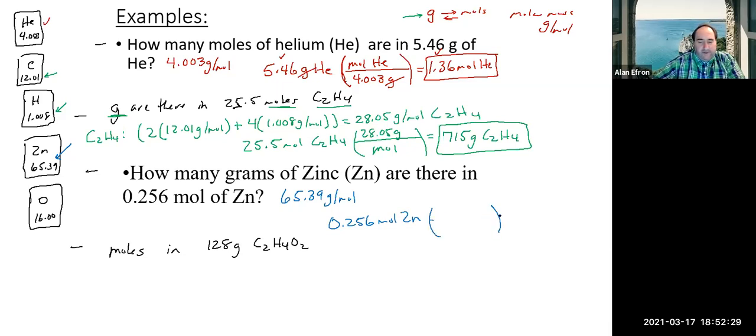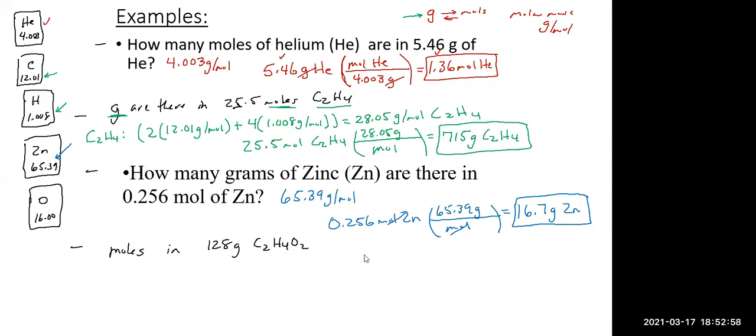So the moles need to go on the bottom, which is 65.39 grams. Moles will cancel. This gets us about 16.7 grams of zinc in this case. Any questions on that one there?